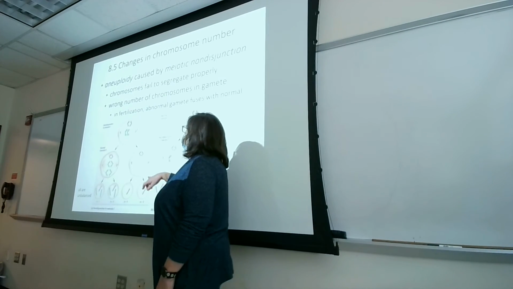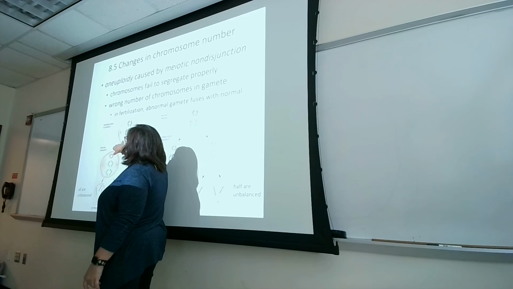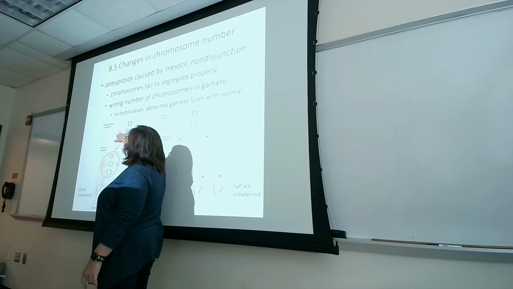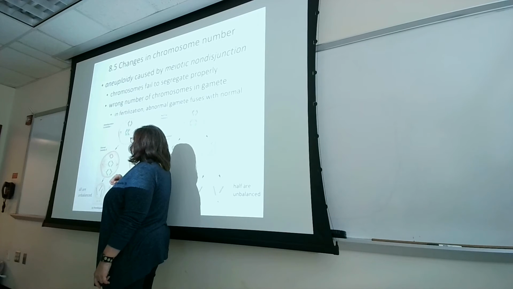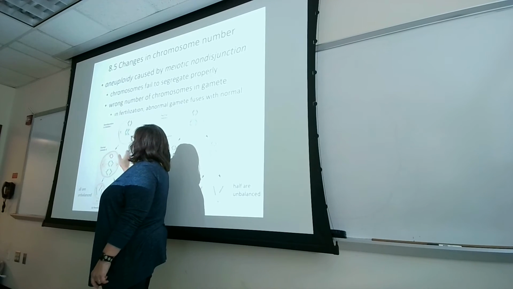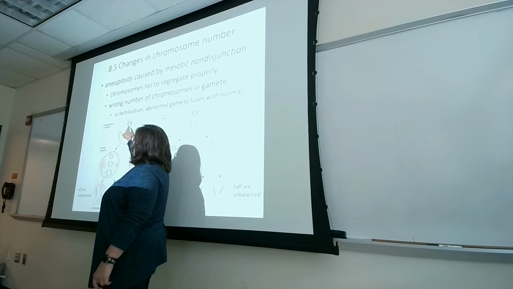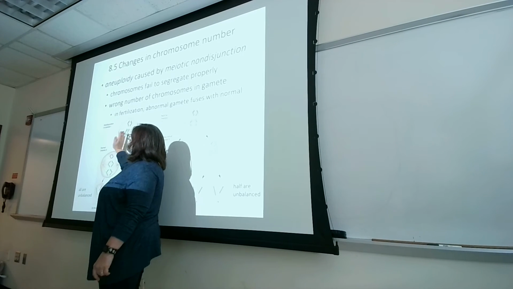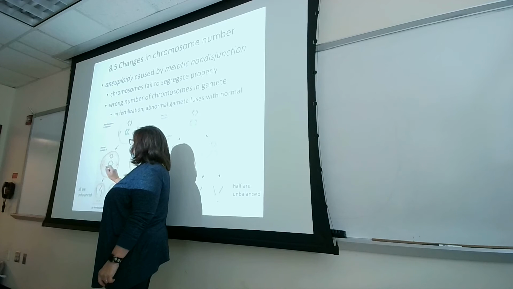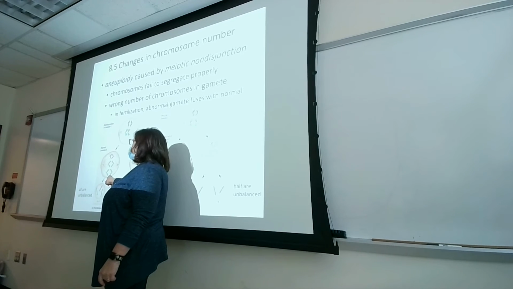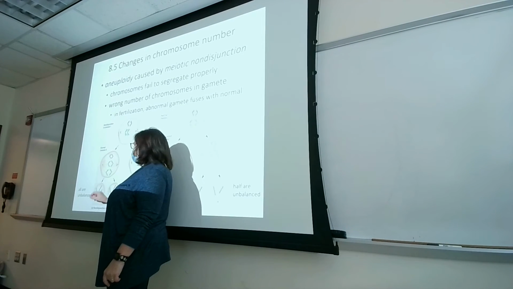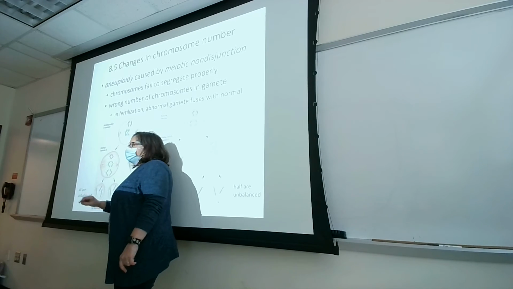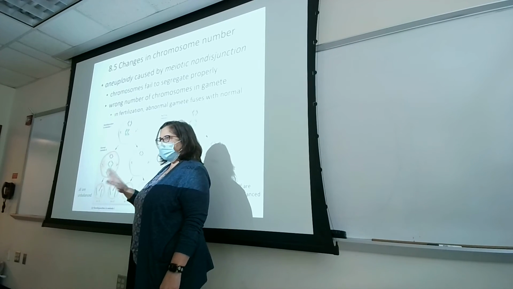So here we have our non-disjunction in meiosis 1, so we have our homolog pairs that are being separated. If these separate correctly, but these do not, they both go to the same side, that means that in meiosis 2, you're going to separate your sister chromatids and you're going to wind up with two of the same chromosome in those gametes.